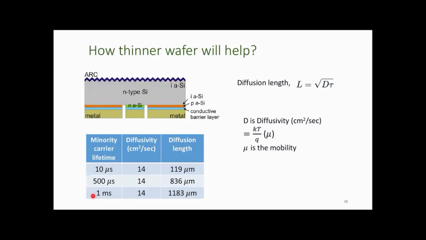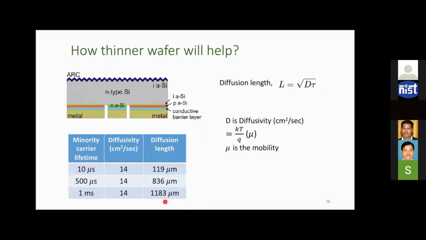Even further, if you manage to get a lifetime of 1 millisecond inside your wafer, for the same diffusivity, now your minority carrier diffusion length is quite high. It is around 1183 micrometer.